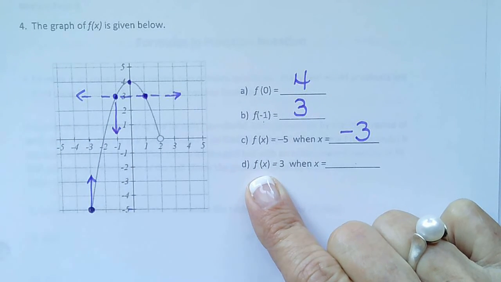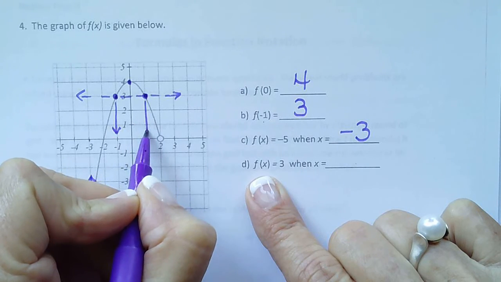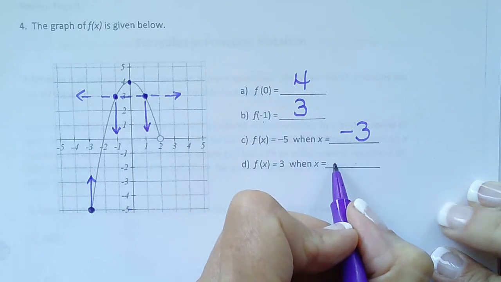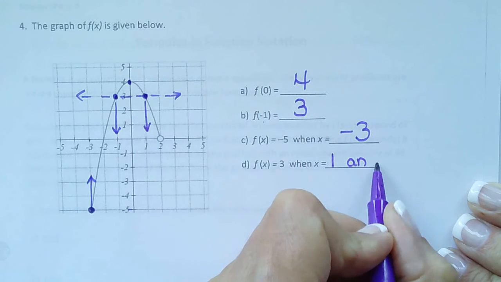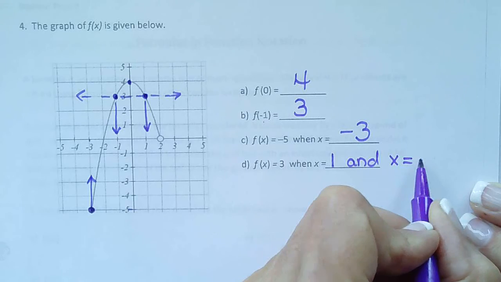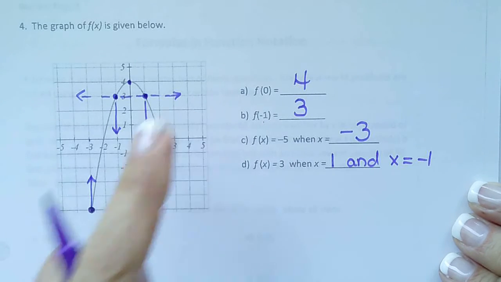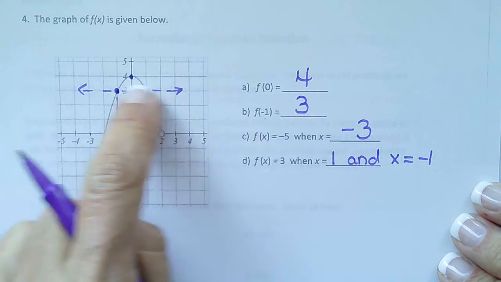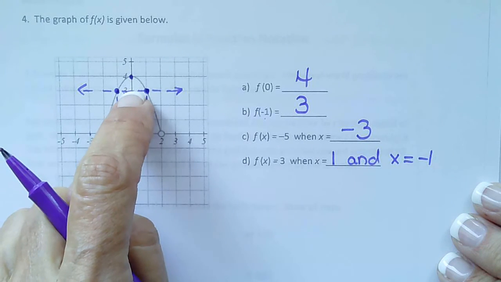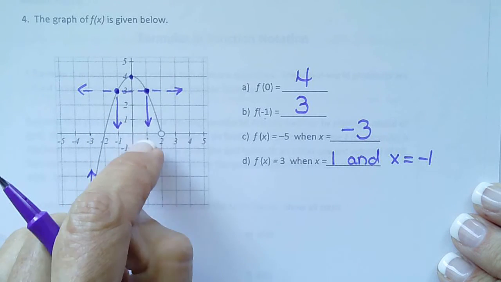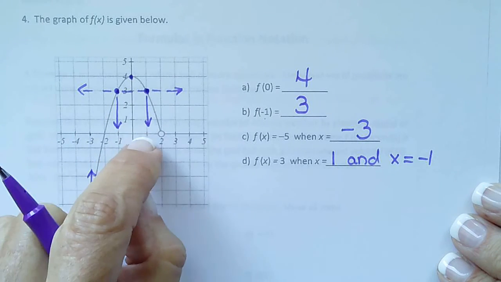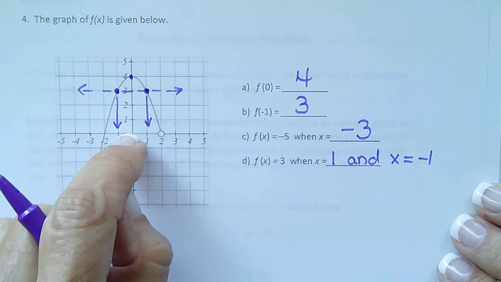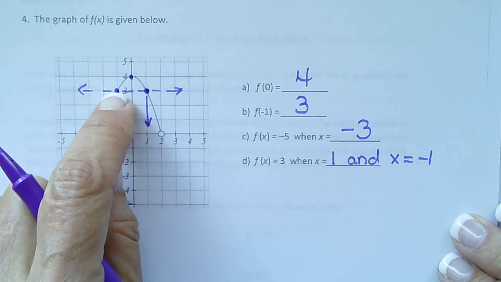X equals negative 1 and X equals 1. So make sure you do that, because you won't get full credit if you don't name all the places where X is or Y is 3. So Y is 3 here because that point is 1, 3, but Y is also 3 here because that point is negative 1, 3.